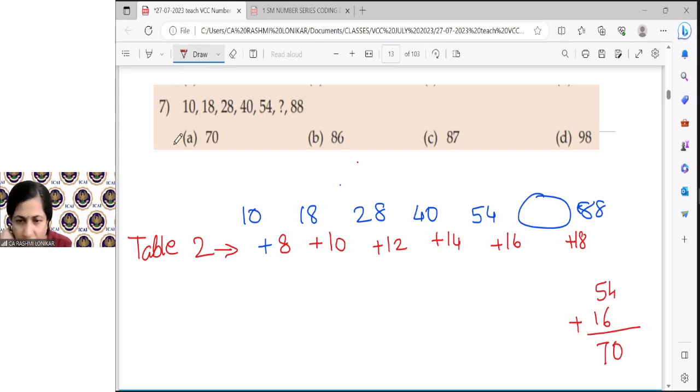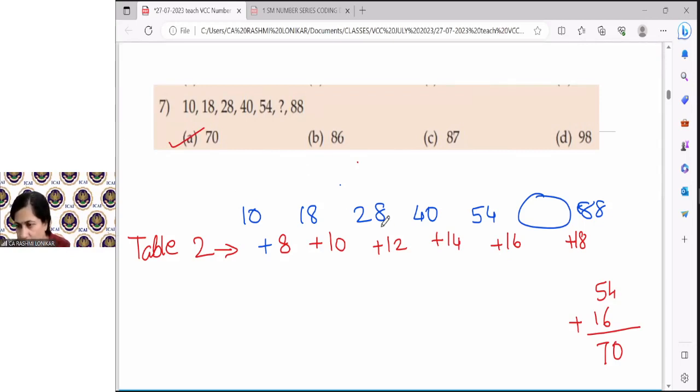So 70, do I have an option? Yes. So the answer here is 70. Now I also have to check, it's always a good thing to check. I made this mistake of writing 56 instead of 54. So I should check 70 plus 18. Am I getting 88? Yes, I'm getting 88.